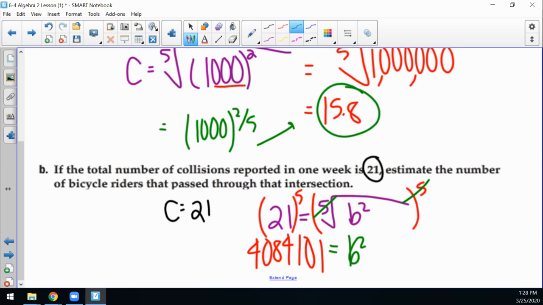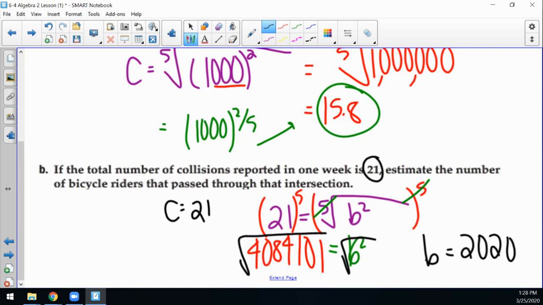Then I can square root both sides, and I find that b is equal to the square root of that. I can do it on Desmos, or I just did it on my calculator. It's going to be 2020.9. We can't have 0.9 of a rider, so we'll just round it up to the nearest rider, which would be 2021. So 2021 bike riders.